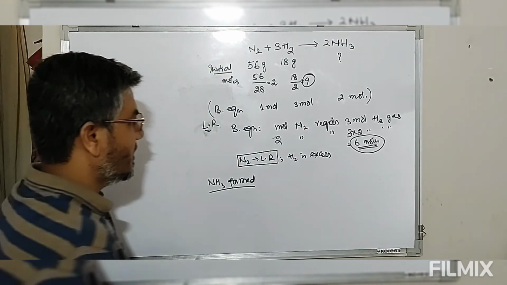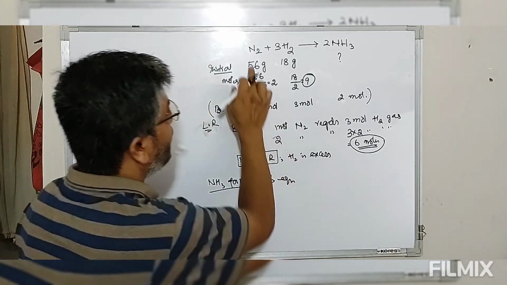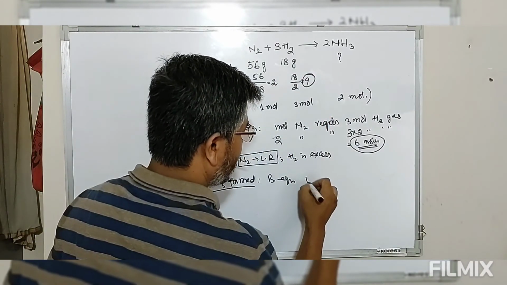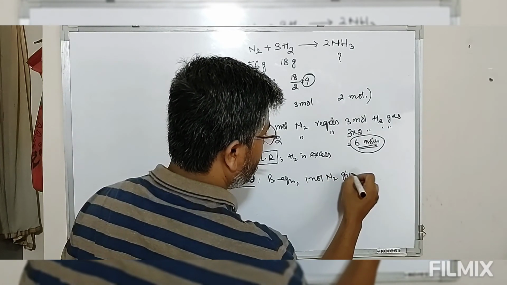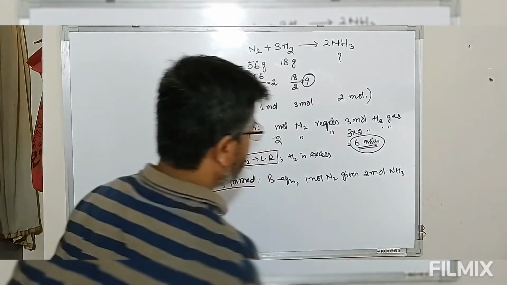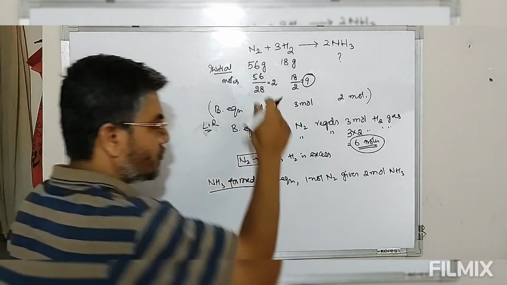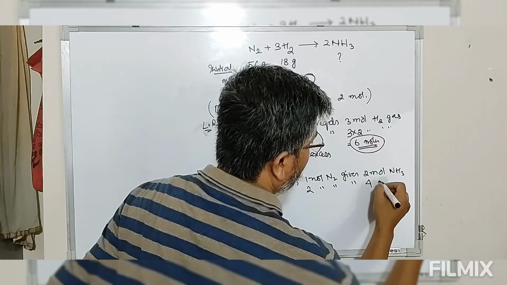So now look at this again from the balanced reaction. The balanced equation says 1 mole of nitrogen will always give you 2 moles of ammonia. So 2 moles of nitrogen will give you 4 moles of ammonia.